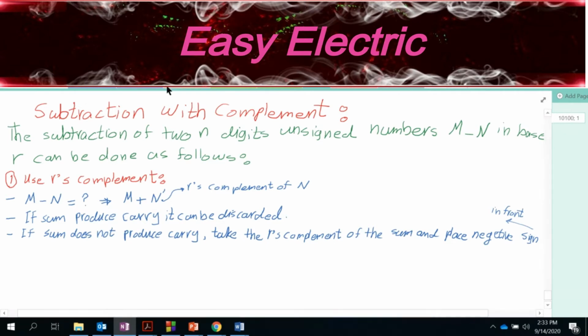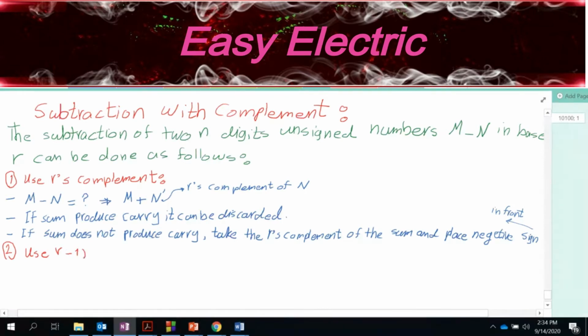So I'm writing the same thing using the r minus 1 complement, and then we will have examples for each of them, okay? So this is how you use the r's complement. You could have the same thing using the r minus 1 complement.